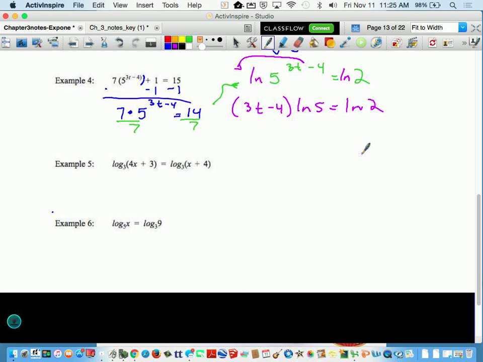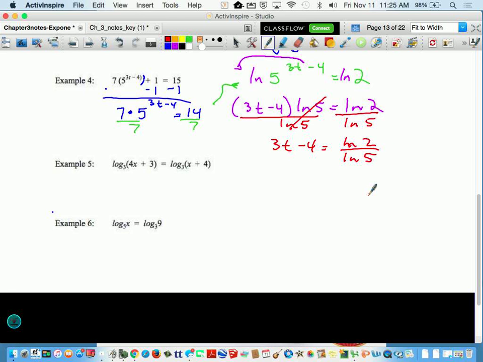And now it's just a matter of getting the t by itself. So we can go ahead, divide by the ln of 5. So now you have 3t minus 4 is equal to ln of 2 over the ln of 5.